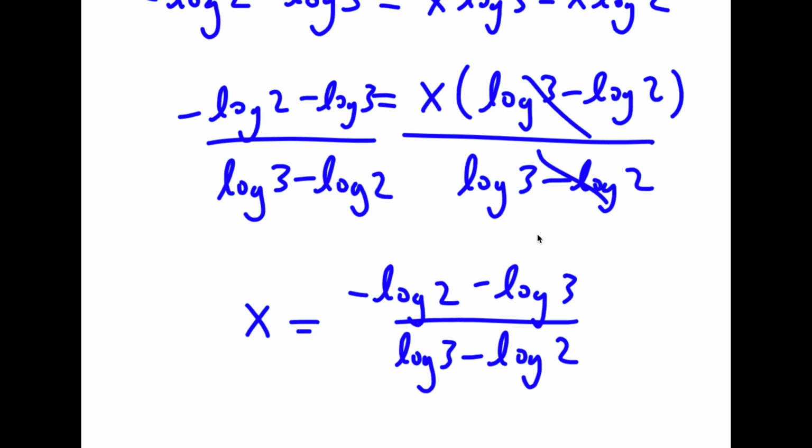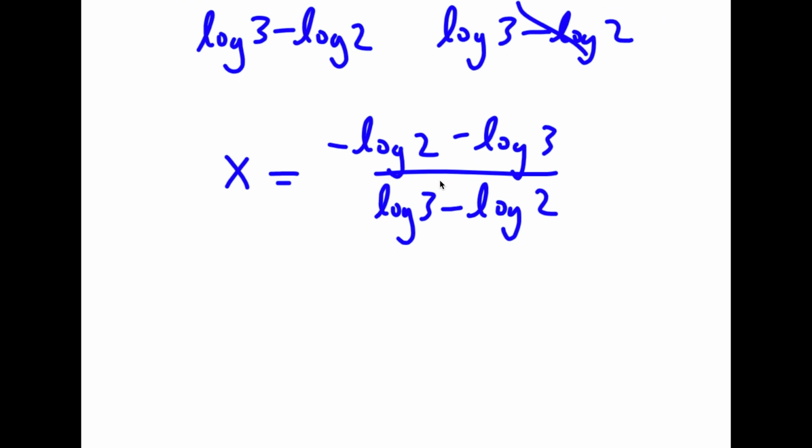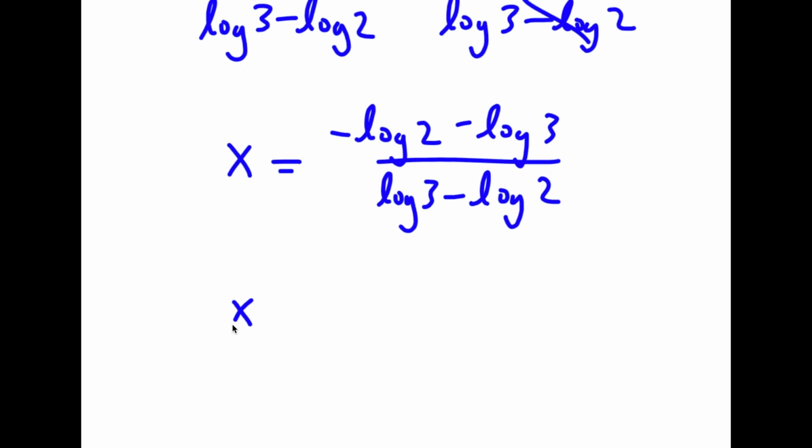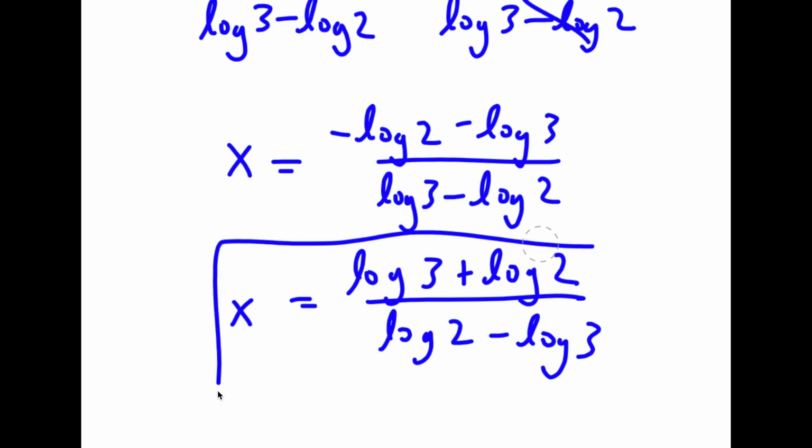Now, if I multiply the numerator and denominator by negative 1, I get x is equal to log 3 plus log 2 over log 2 minus log 3. So this is my answer.